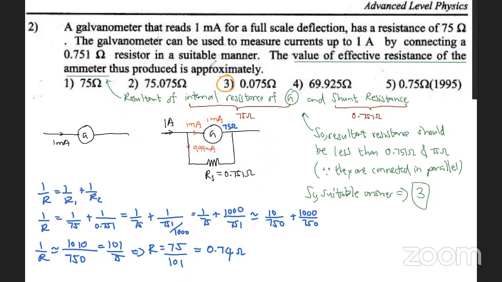But there is no answer like that. So I think this question has a problem. If you try to find the actual value, putting in the values of galvanometer and the shunt resistance, this is the answer we get, 0.74.